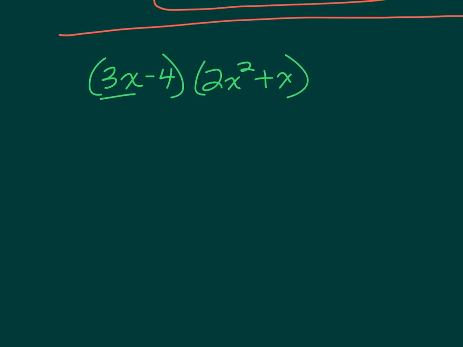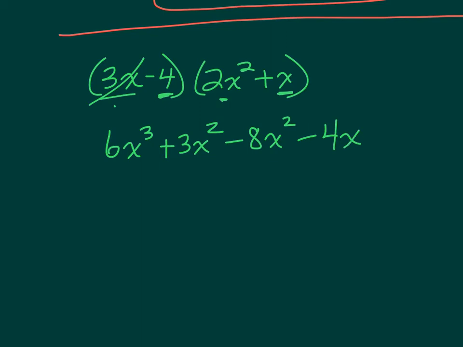Let's distribute the 3x. 3x times 2x squared is 6x to the 3rd. 3x times x would be 3x squared, done with the 3x. Let's do the negative 4. Negative 4 times 2x squared would be negative 8x squared. And negative 4 times x would be negative 4x.